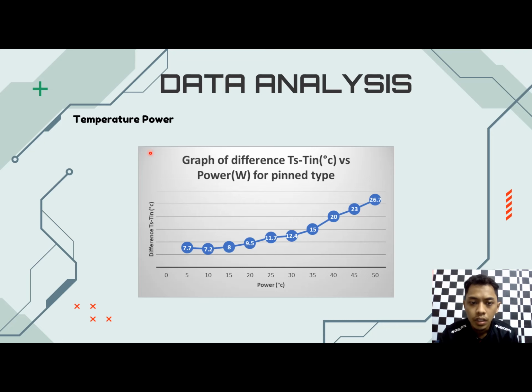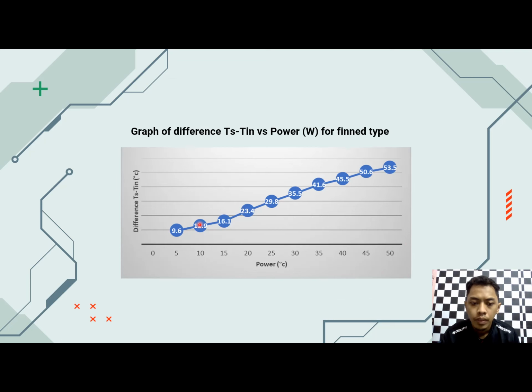So this is the graph of difference versus power for pin type, and the temperature has been raised by about 5 Celsius per power step. As we can see, for the pin type, the highest temperature is 26.7 at the power of 50 watt. So this is a graph of difference versus power for fin type.